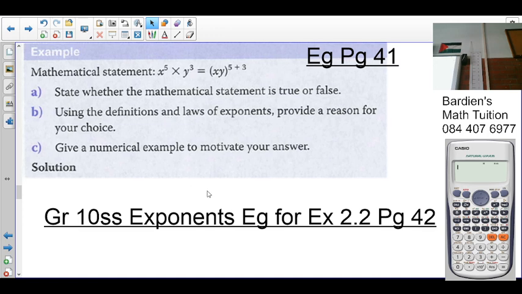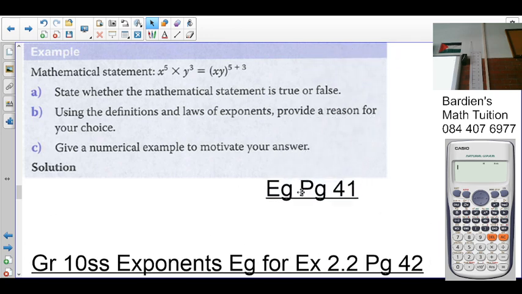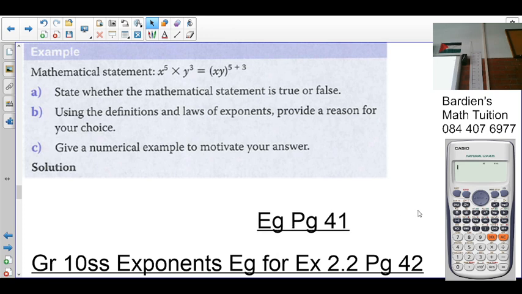People, we're looking at the example still on page 41. The mathematical statement: x to the exponent 5 times y cubed is equal to xy raised to the exponent 5 plus 3, which is xy raised to the exponent 8.